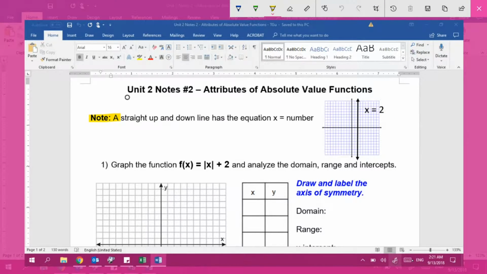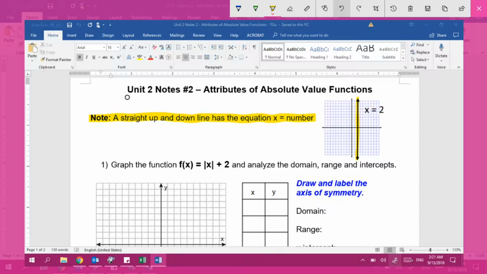A straight up and down line has the equation of x equals a number. In the example on this graph, we've got a straight up and down line. Where's the location of this line? X equals 2, and that's literally the equation of this line. It'd be x equals 2.